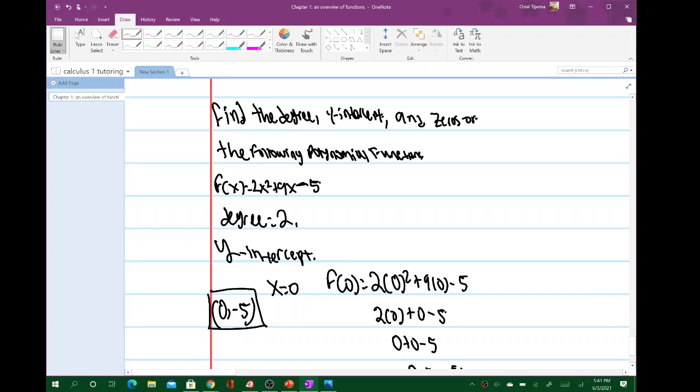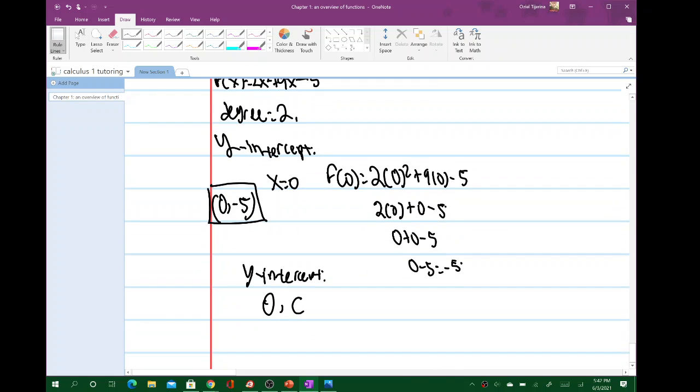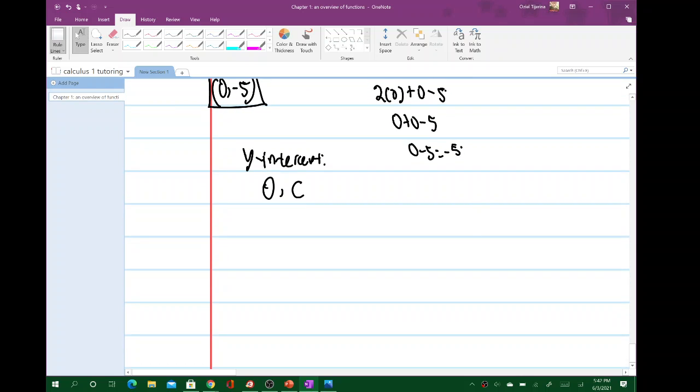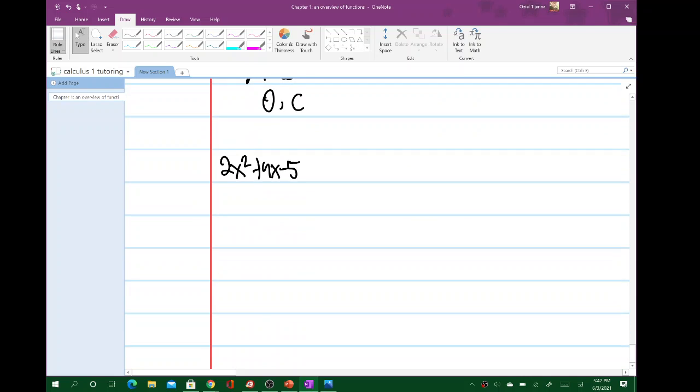Then it says to find the zeros of the polynomial. So this one is 2x squared plus 9x minus 5, and we want to find the zeros of this polynomial, right? We can factor it.